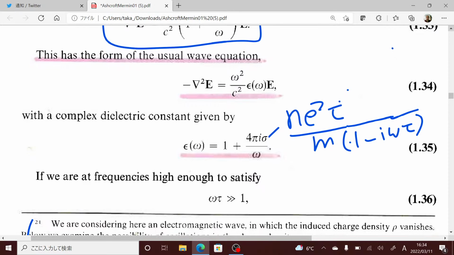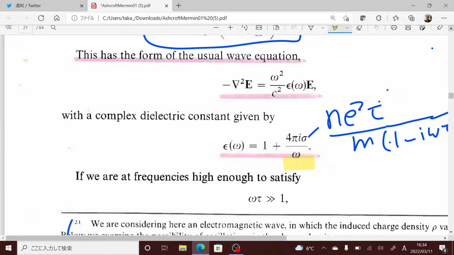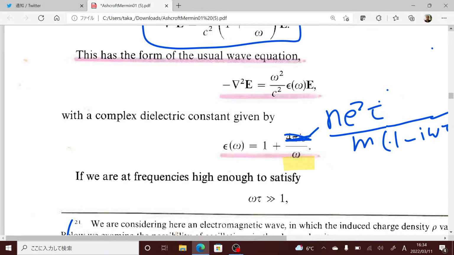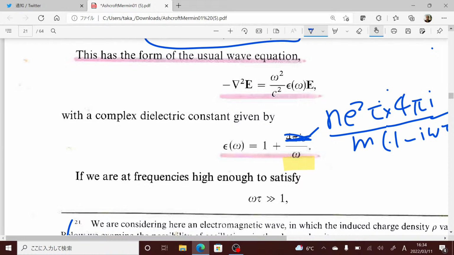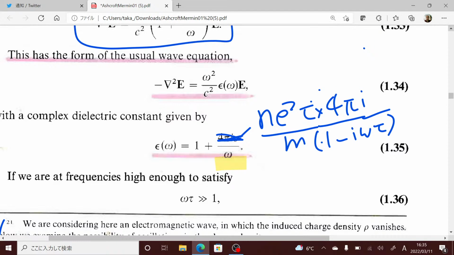So then if this is very high frequency, we can, 4 pi i, then omega here.